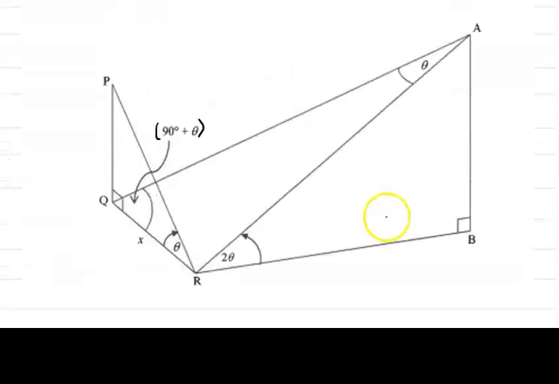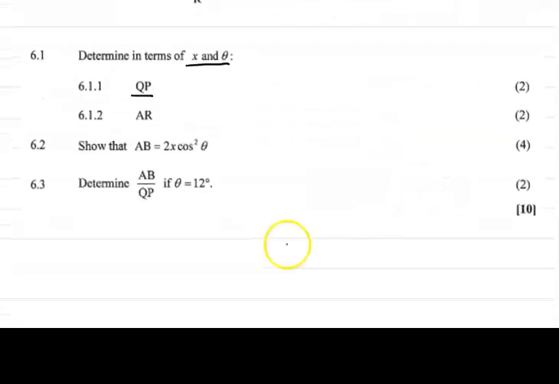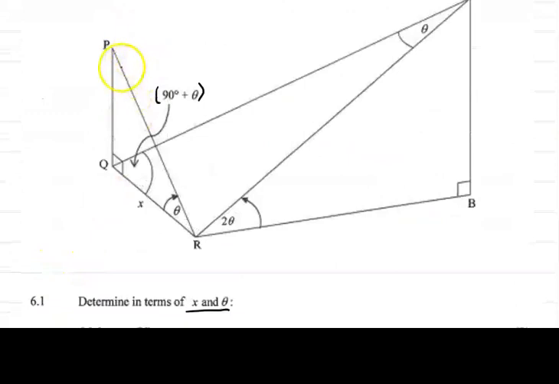Now, when we look at QP, even if it's a 3D problem, you need to isolate that particular triangle and solve for the unknown side. Remember that there are two types of triangles that we can be given: a right angle triangle or a non-right angle triangle.